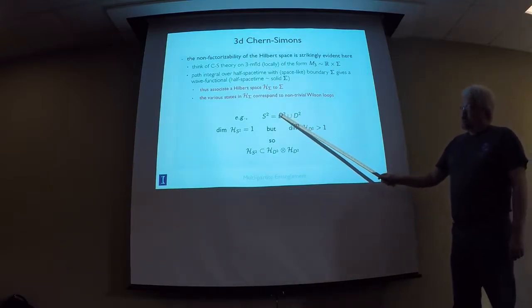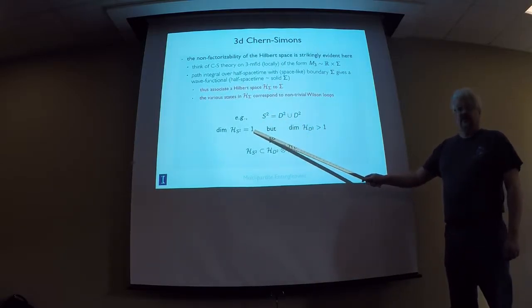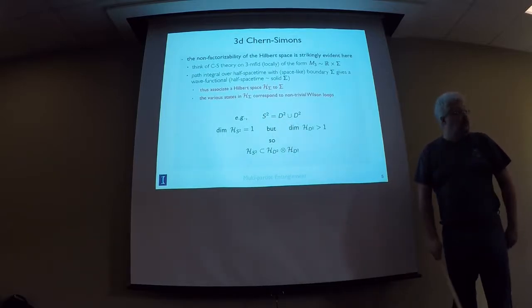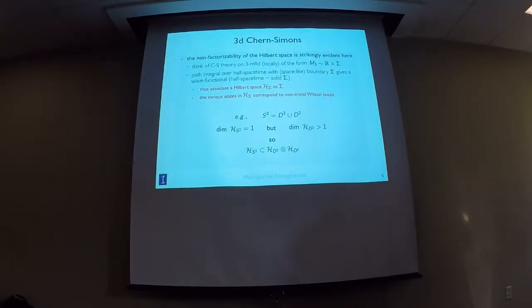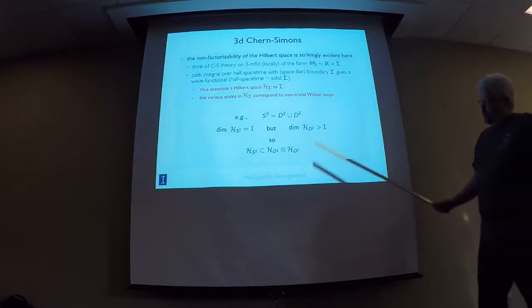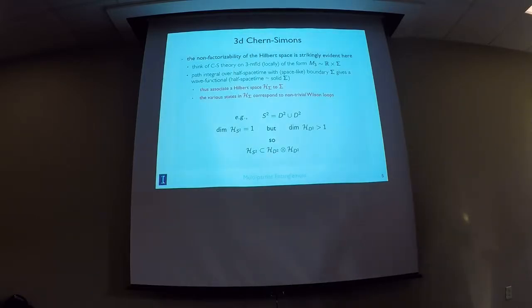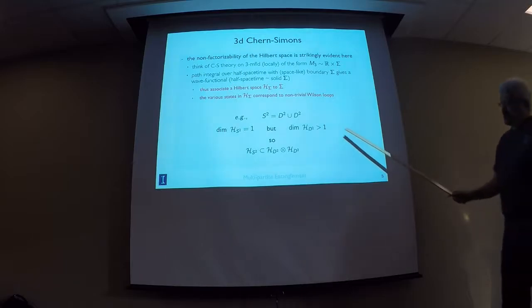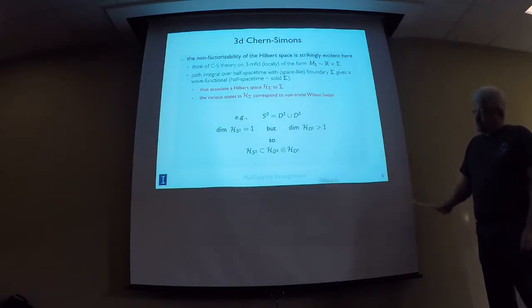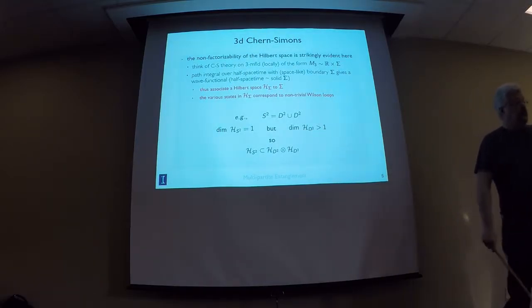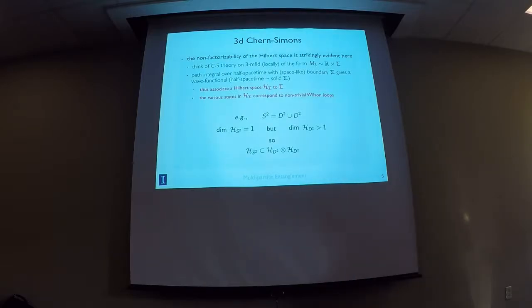For the sphere, the dimension of the Hilbert space is just 1, because there are no non-trivial Wilson loops that you can draw on the sphere. They're all contractible. But on the disk, because it has a boundary, the Hilbert space is given by the Wess-Zumino-Witten theory, and depending on the details of the Chern-Simons theory, it certainly has a large Hilbert space.